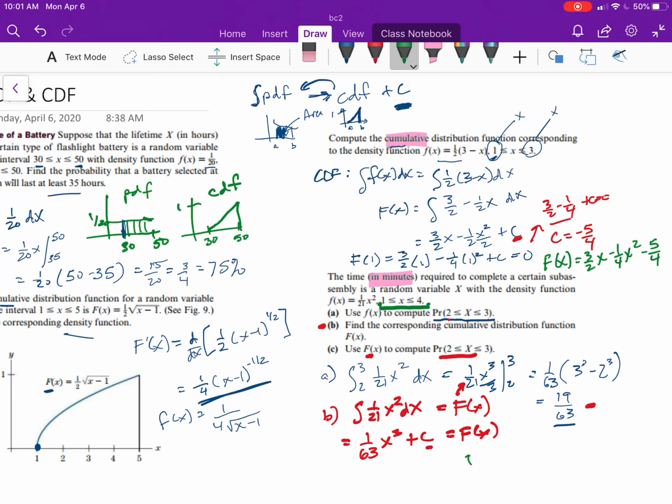So therefore, if I plug in 1, I know I will get 0, right? It's the left endpoint. Or you could plug in 4, and you get 1. So if I plug in 1 into this function, 1/63, 1 to the third, plus c, we get 0. So that would mean c is negative 1 over 63.